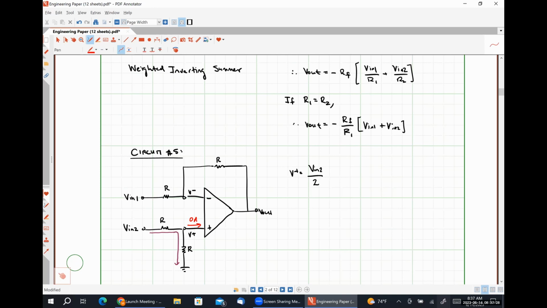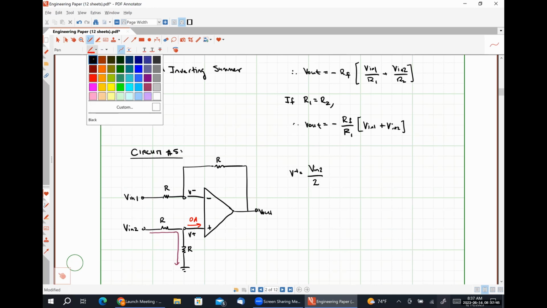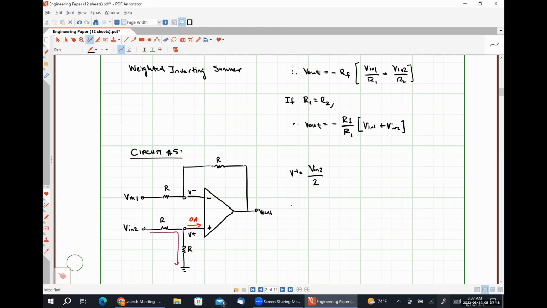So the total voltage drop across those two resistors is VN2, so it should split evenly between them due to the principles of voltage division. Since those two resistors are identical, exactly half of the voltage will appear at the non-inverting input terminal. So with that out of the way, we could then say that V minus will definitely have to be the same as V plus. So this is also going to be VN2 divided by 2.